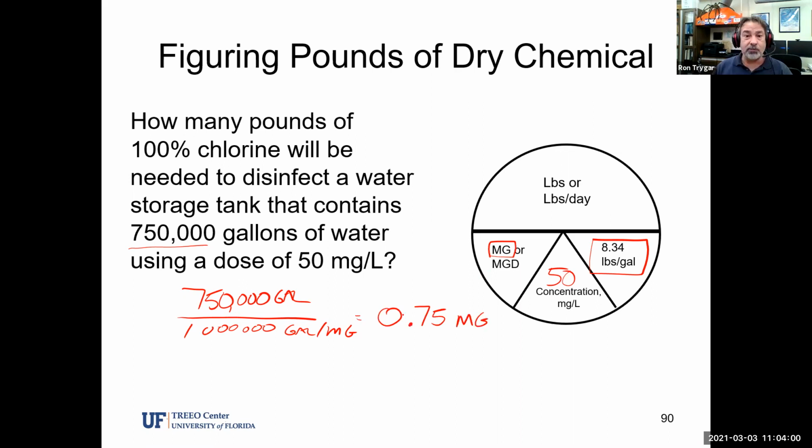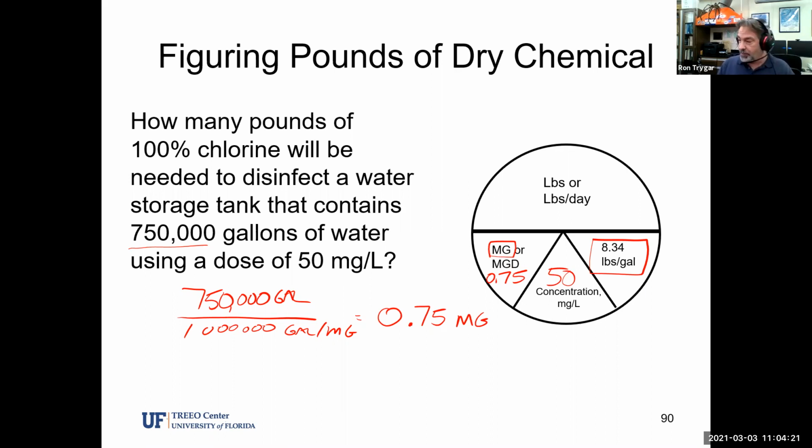So that number is going to plug in here. I put the 0 there to show you the number is less than 1 whole million gallons. It's 0.75 million gallons. So now we have our factors.